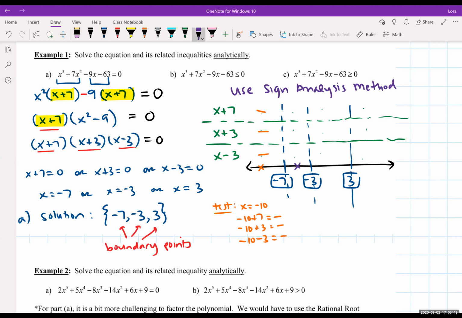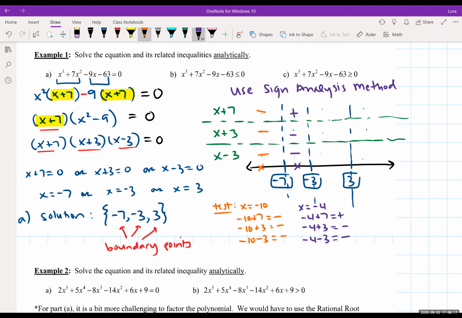Pick a next test point in between negative 7 and negative 3. We can maybe test x equals negative 4. And if we're plugging this in, negative 4 plus 7 is actually going to give us a positive answer. Negative 4 plus 3 is going to give us a negative answer. And negative 4 minus 3 is going to give us a negative answer. So that's why we're plotting this in the region.